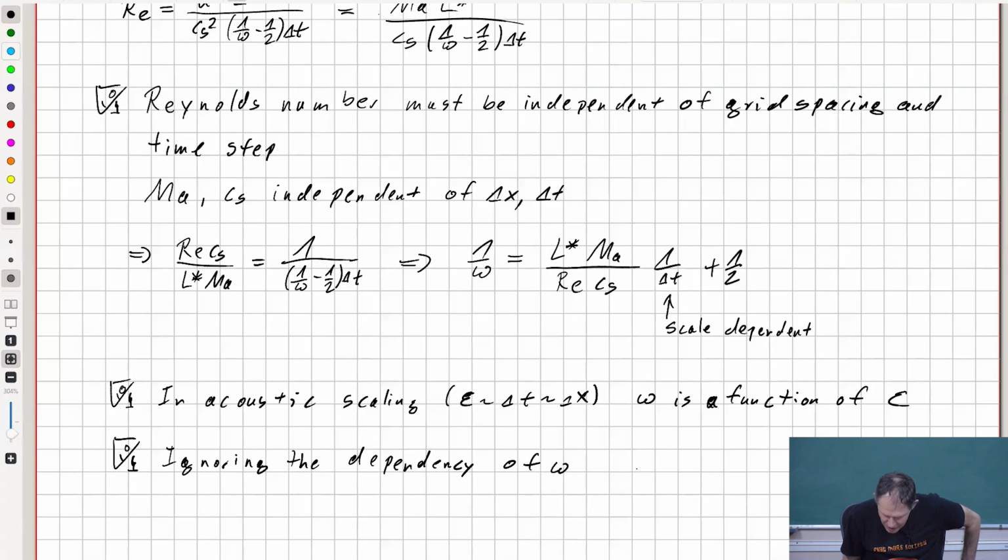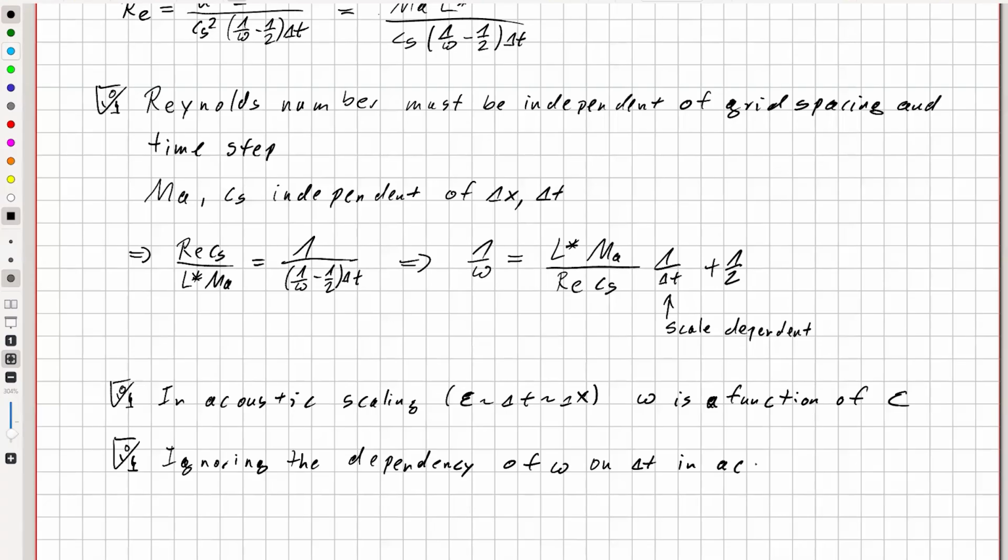Ignoring the dependency of omega on delta t in acoustic scaling is a persistent error in LBM literature.